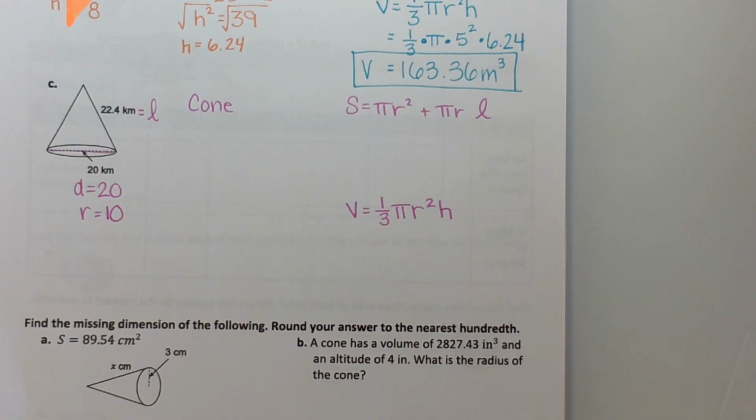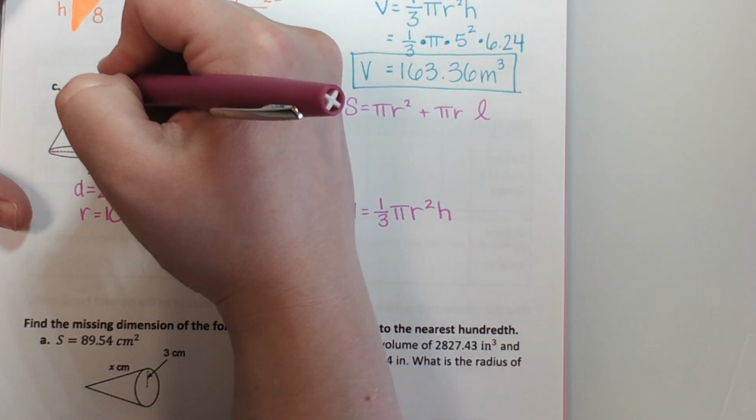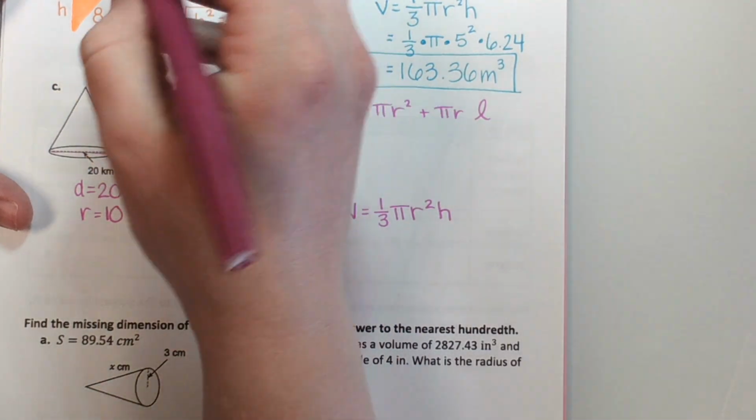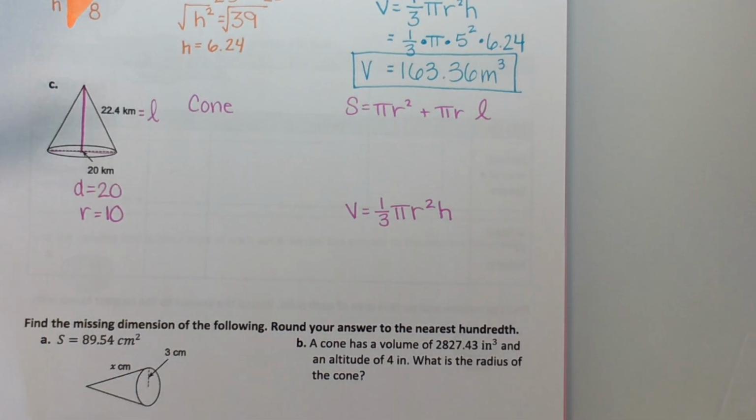Do you see the right triangle? For some people, it's a yes. They know exactly where it's going to be. For some people, it's not. Where would the true height go? Starts at the vertex and goes straight down to the middle of the circle. If I draw that in, can you see a right triangle popping up now?